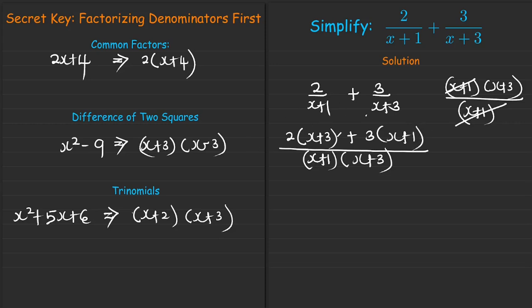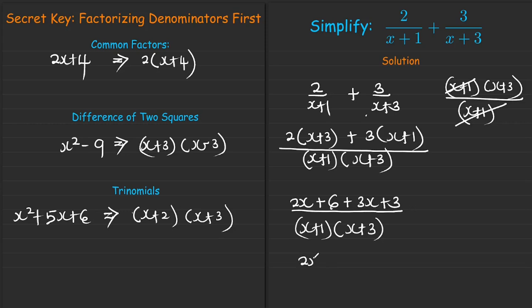Then all you need to do is to simplify your numerator. So 2 multiplies x, giving us 2x. 2 multiplies 3 to give us 6. 3 multiplies x to give us 3x. And then 3 multiplies 1 to give us a 3. All over x plus 1 and then x plus 3. Simplifying our numerator, we have 2x plus 3x plus 6 plus 3.